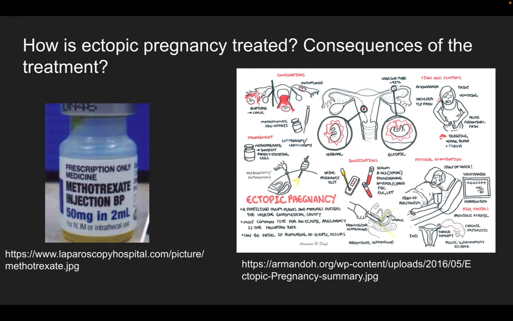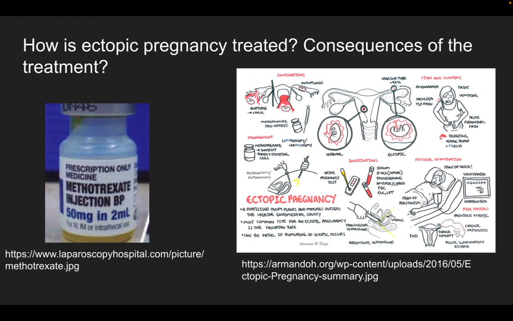Now we will look at the treatment of ectopic pregnancy and then some of the consequences of this treatment. One form of non-surgical treatment for an ectopic pregnancy is through injections of the medicine methotrexate. Methotrexate works to destroy ectopic pregnancy tissue, ending the pregnancy by clearing obstructions within the fallopian tube.